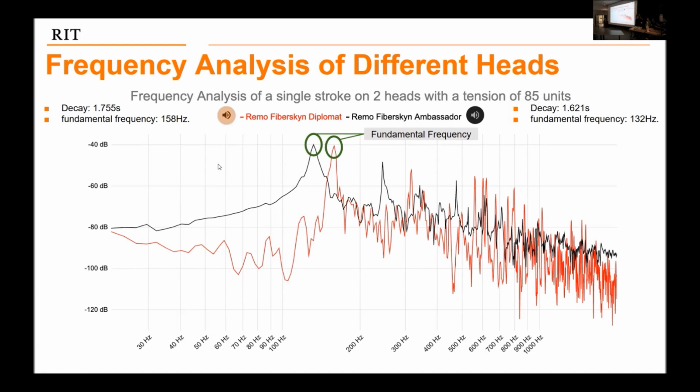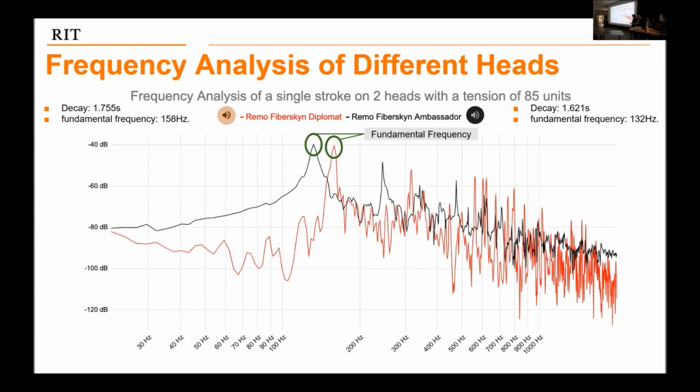These differences are about 20 hertz, which can be noticeable to ears that have been tuned to listen to these pitch differences in drums. A lot of professional drummers can typically tune by ear. Some musicians can do that.